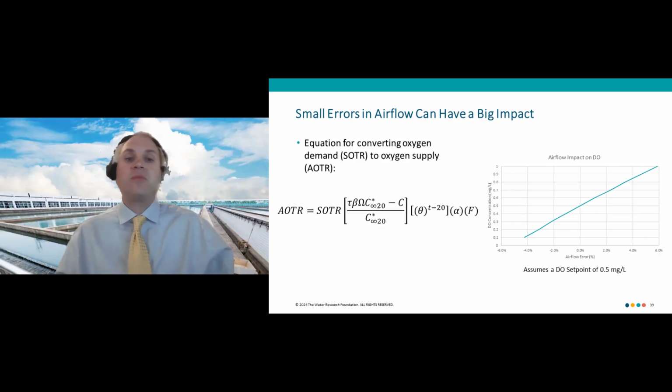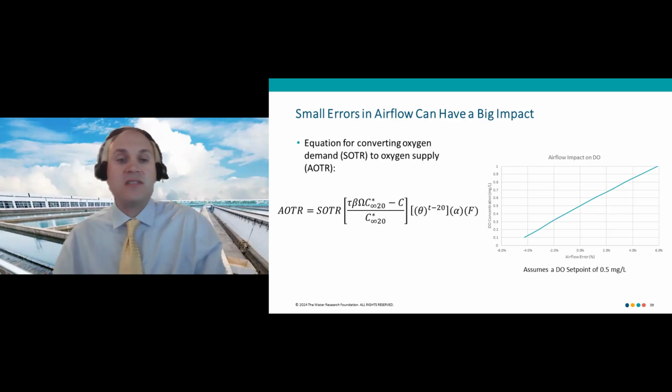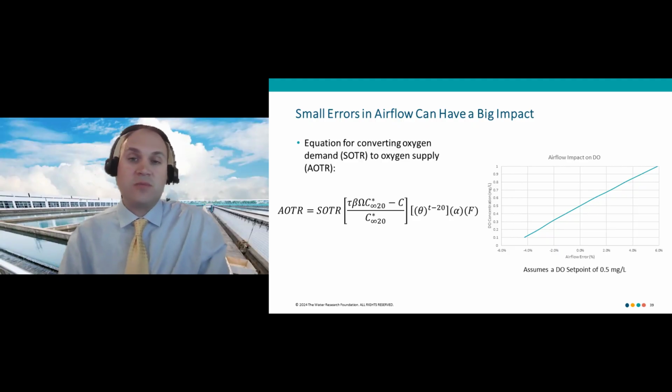That's all really important because very small errors in the airflow can have a really big impact on the DO. The equation on the left there is the textbook equation that relates the airflow or the oxygen demand that the biology needs with the airflow supplied by the aeration system. There's a number of different factors that account for things like temperature, oxygen solubility, fouling, pressure differences.